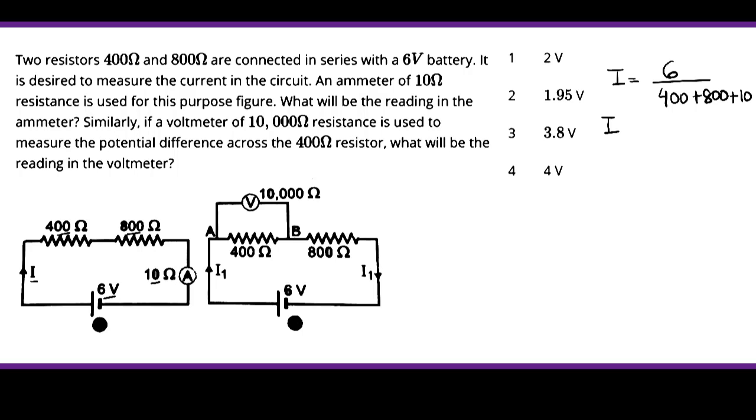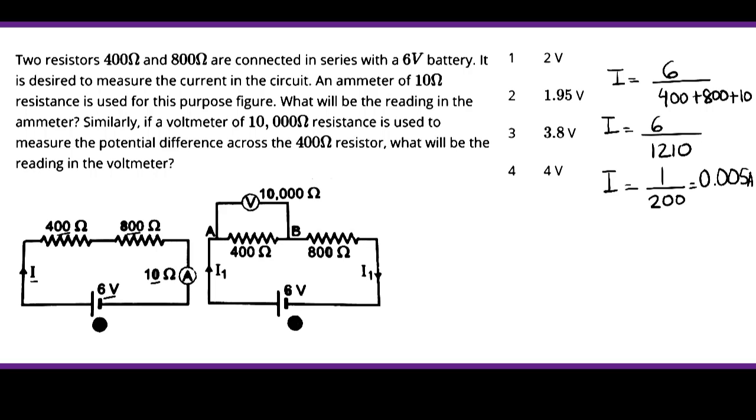From here the current comes to 6 divided by 1210, which is approximately 1200. So 6 cancels with 1200 by 200, giving 1 by 200, which is equal to 0.005 ampere.